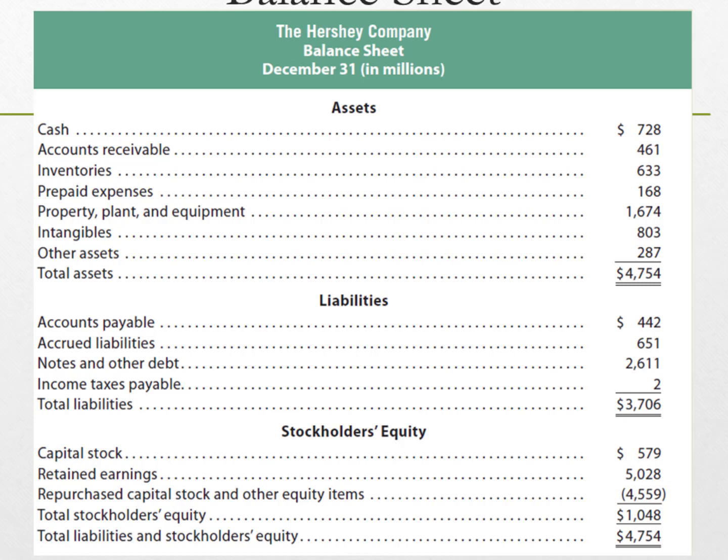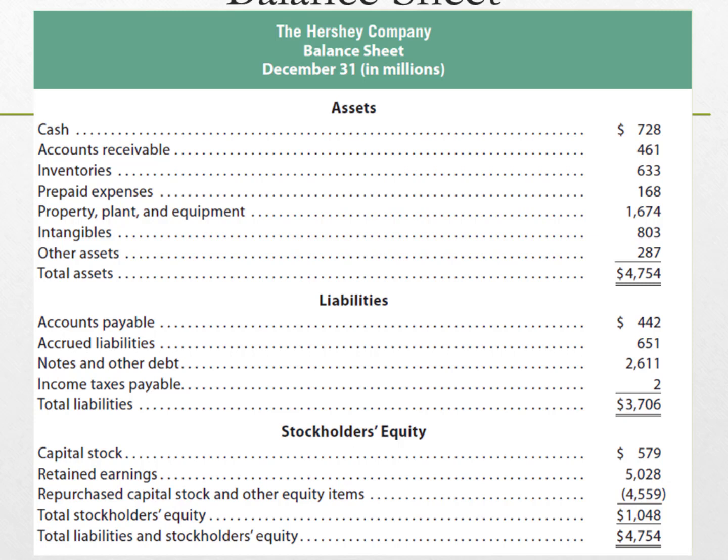The two accounts that we're going to be talking about in this course are capital stock, or our contributed capital, and retained earnings. Now, you notice that assets are $4,754. Liabilities plus stockholder equity also is $4,754. So this account is in balance.